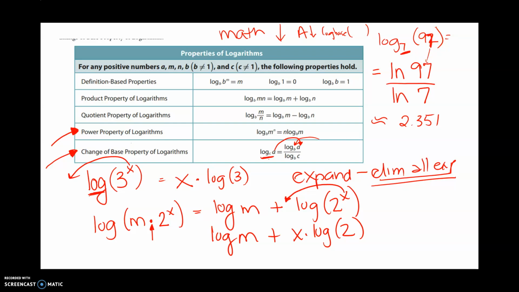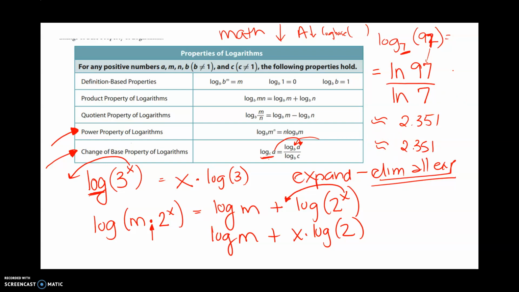So log base 7 of 97, and voila, it's exactly the same number for every single digit shown in the calculator.